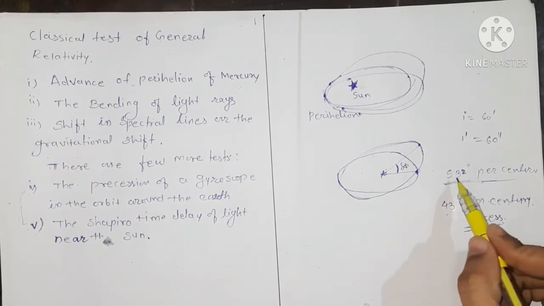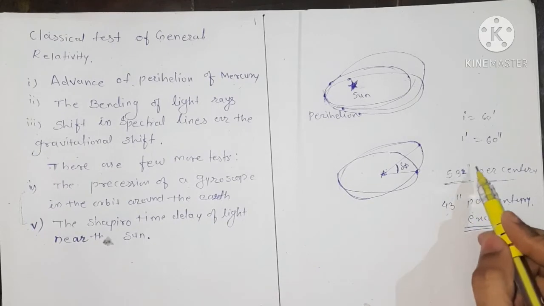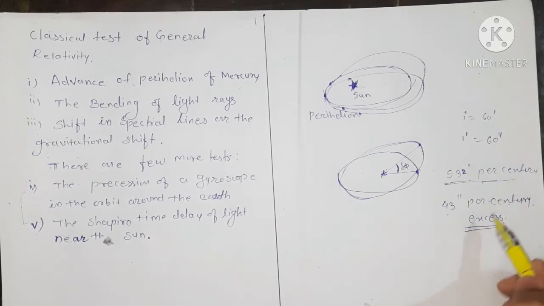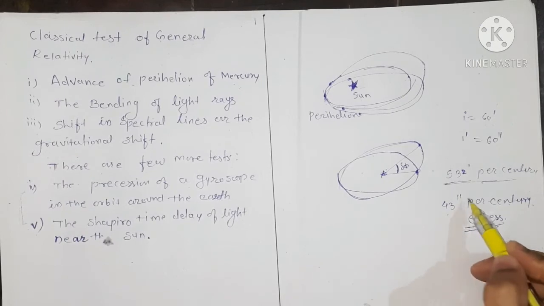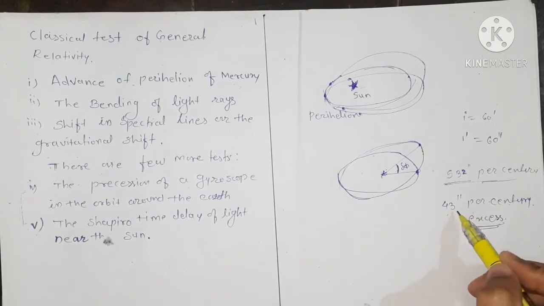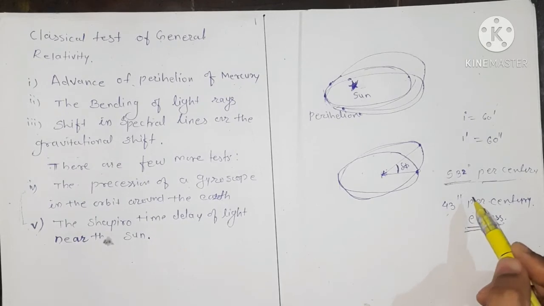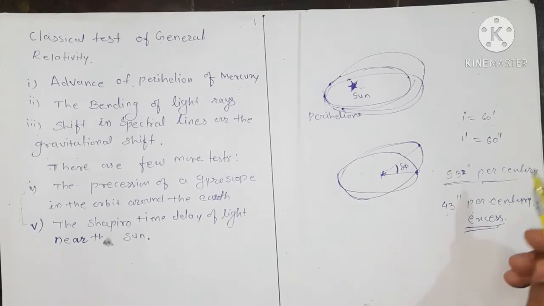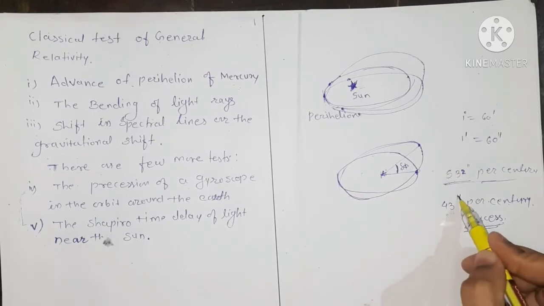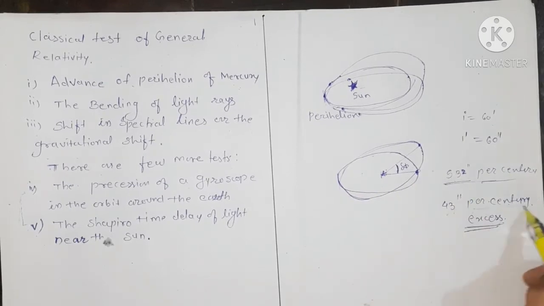Newton's theory has only predicted 532 seconds per century, but it did not predict the extra 43 seconds. So Einstein proved that there is a slightly more perihelion shift in the actual elliptical orbit, which is 43 seconds per century.